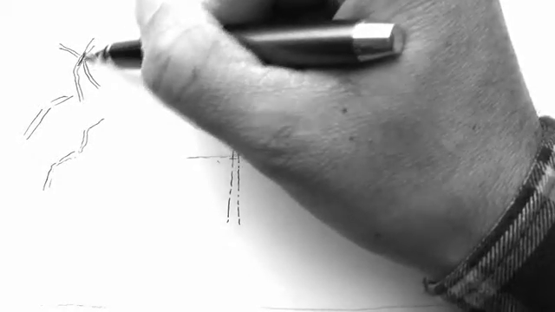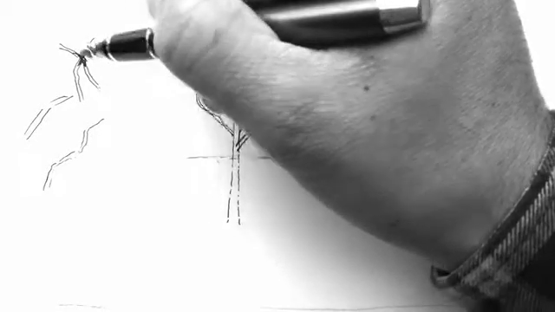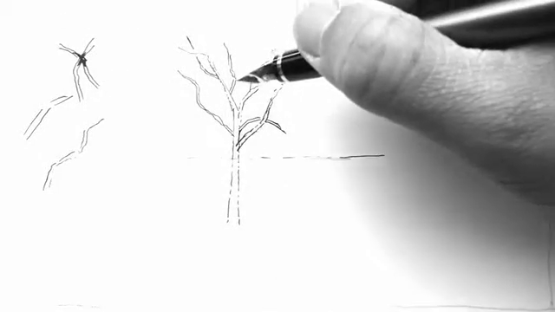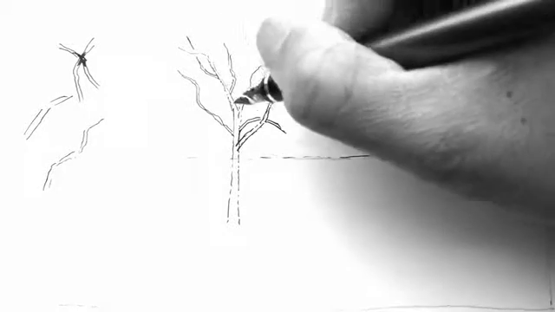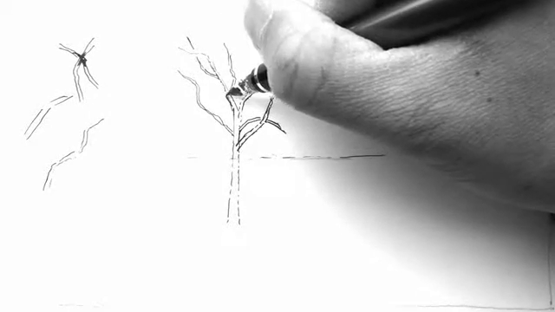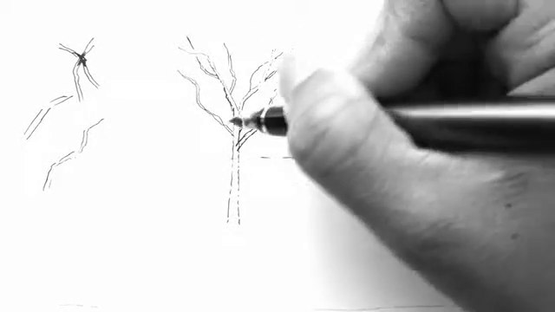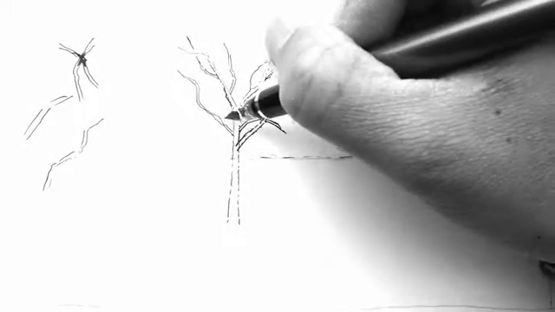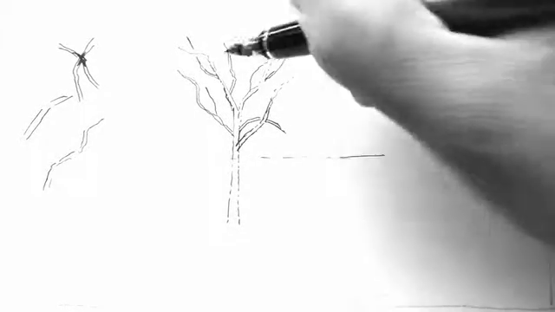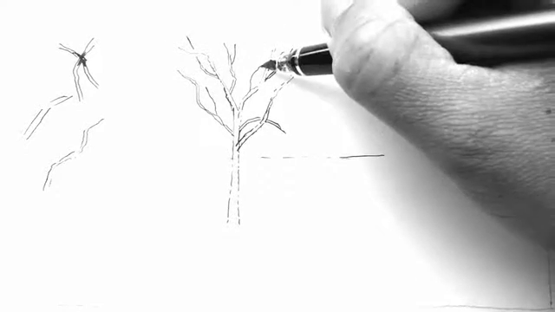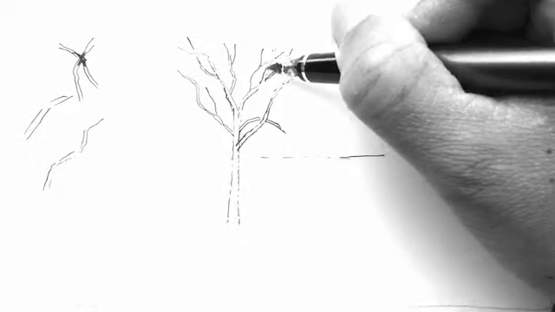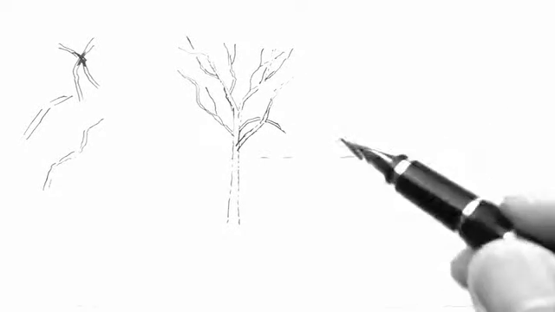If you just added it like this, and there's a big dark spot and the order of branches is not clear, then the drawing loses that interest, it loses that depth that you get from having branches in different orders behind each other. So I'll just add some more branches. This is a quick drawing of a young tree, and I will add the bark texture to this a bit later.